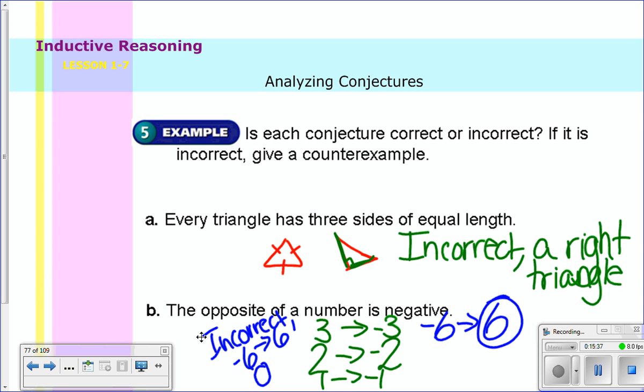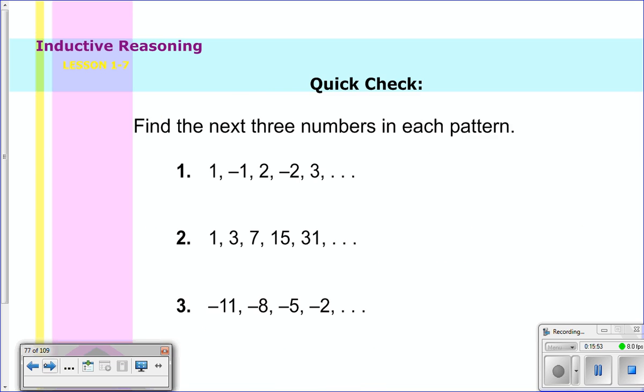So negative 6 or 0 are both examples of when this is not true. Again, you might not have chosen the same numbers that I did. Maybe you chose negative 8 or negative 1. Same idea. As long as you come up with one number it doesn't work for, that conjecture is incorrect.